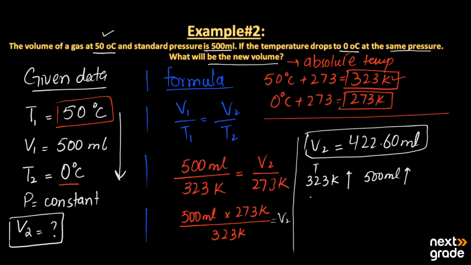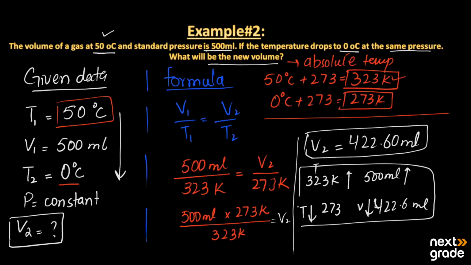On the other hand, when the temperature drops from 323 to 273, the volume also drops from 500 ml to 422.6 ml. So this is the simple relationship proposed by Charles, showing how we can find the final volume of any gas by changing the temperature.